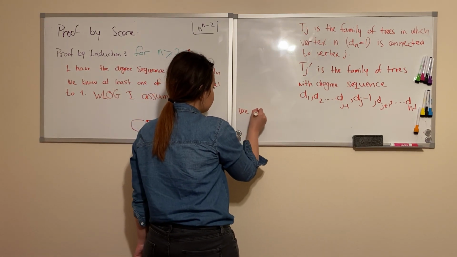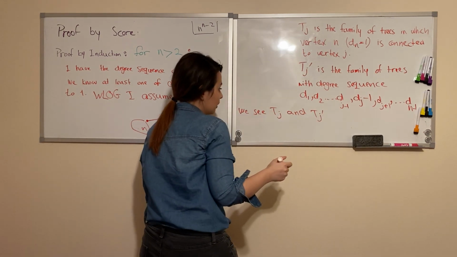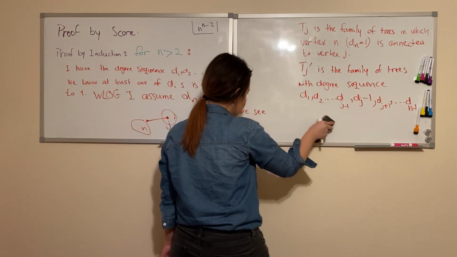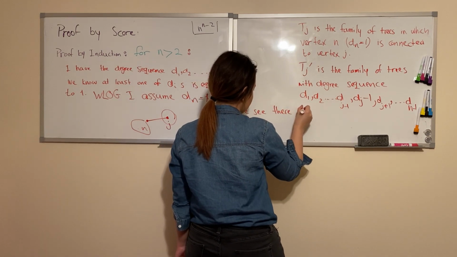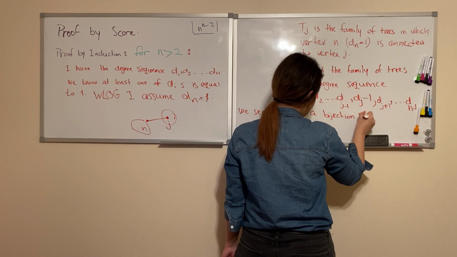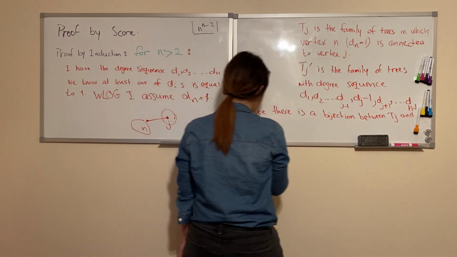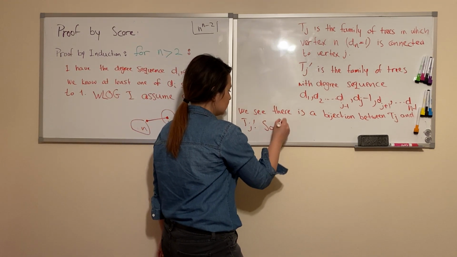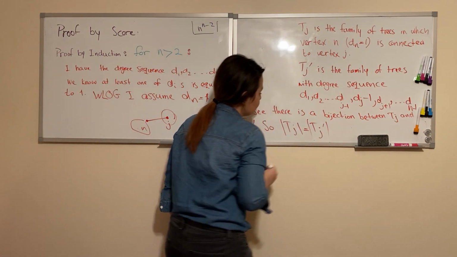We see Tj and Tj prime. Actually, there is a bijection, a one-to-one correspondence between Tj and Tj prime. So I can say the size of Tj is equal to the size of Tj prime.